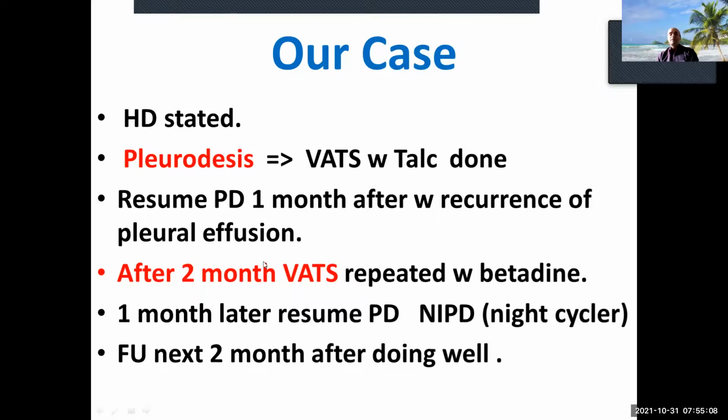Don't lose hope. If the first trial fails, you can try a second and third, because PD is totally different from hemodialysis, and some patients are very happy with PD. They are free to travel, and we can do it at home, at night. The patient is dependent on himself, not on the hospital or nurses, and can go anywhere with his PD. For a patient who has adapted to PD, continue PD and try your best.